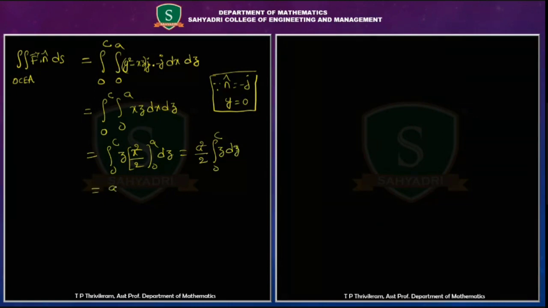So this is equal to a square by 2 into z square by 2, with limits 0 to c, giving c square by 2.